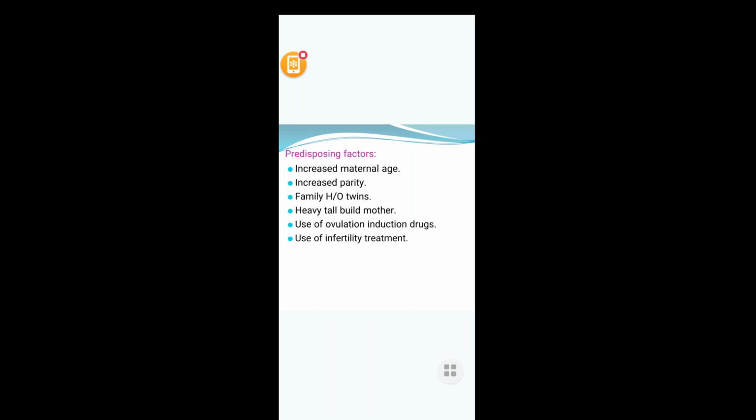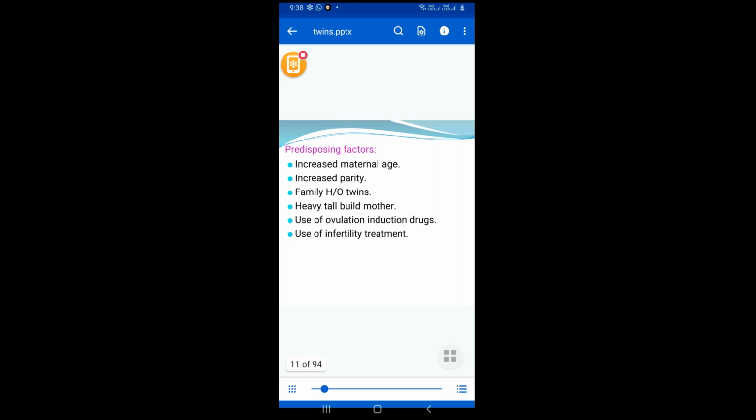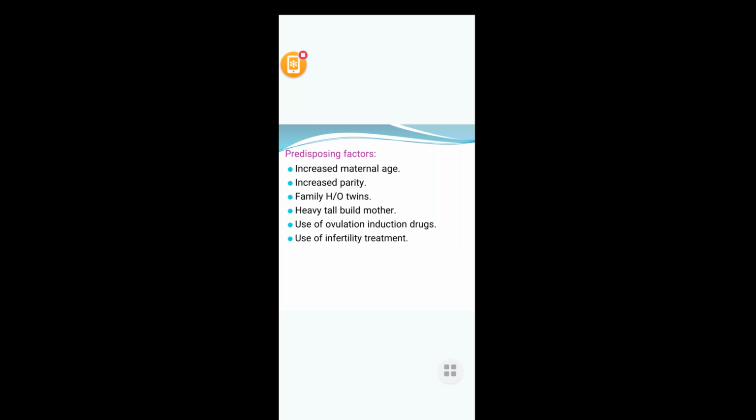History of family of twins, mostly from the maternal side, not the paternal. Maternal is from the mother, paternal is from the father. Use of ovulation induction drugs, which results in multiples, is very common. Due to the ovulation induction, multiple ovums get released and might get fertilized by the sperms.